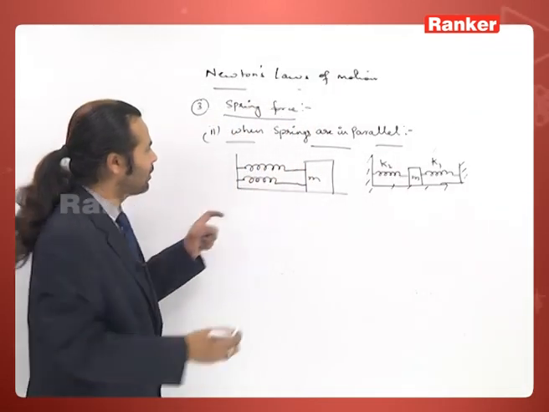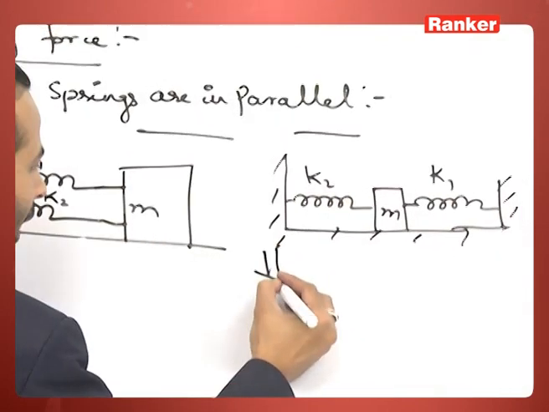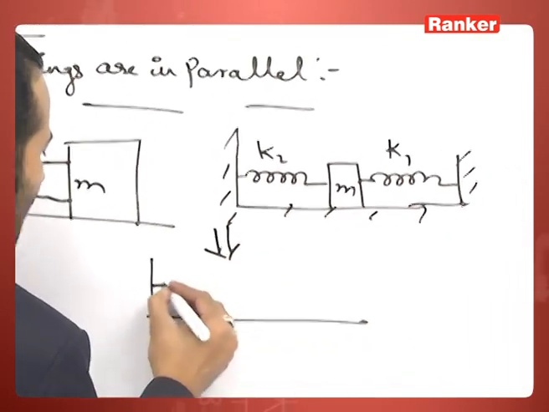In this case, the two springs K1 and K2 are in parallel. I want to connect this with an equivalent spring constant.